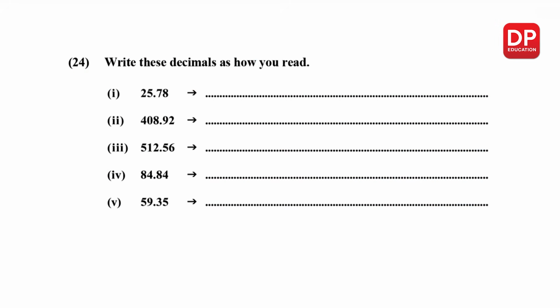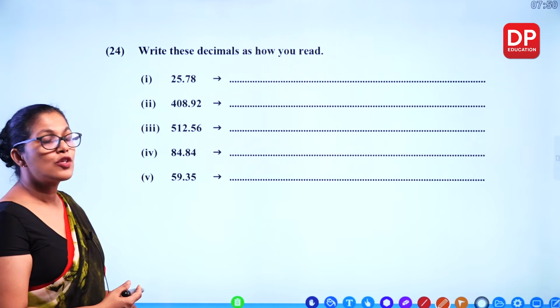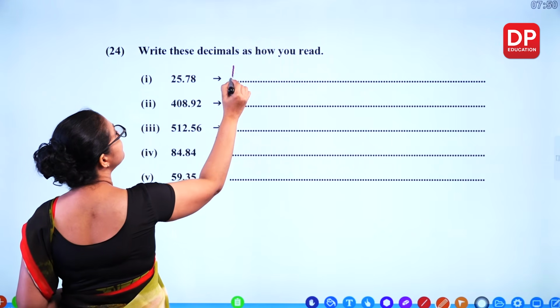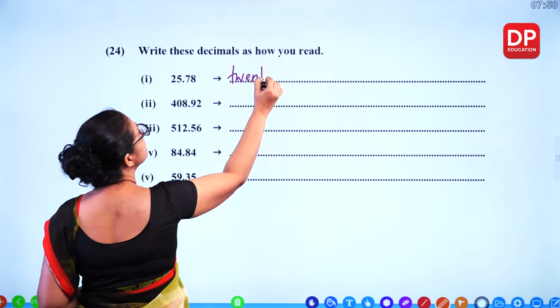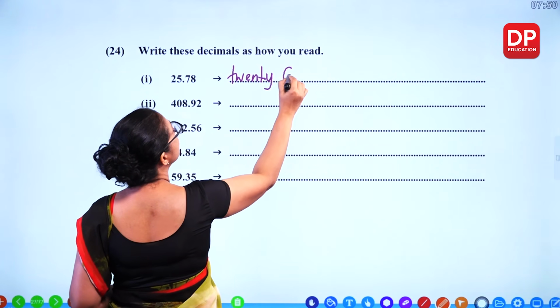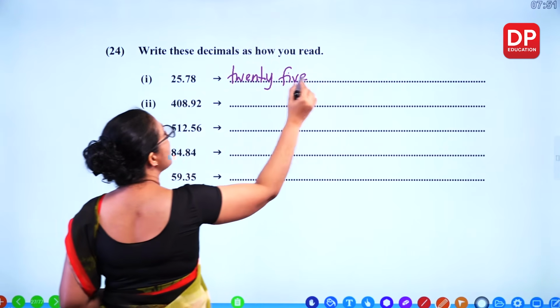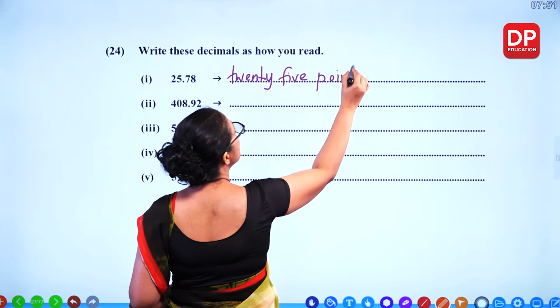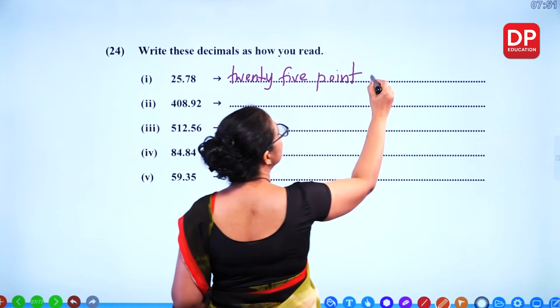Write these decimals as how you read. 25.78.